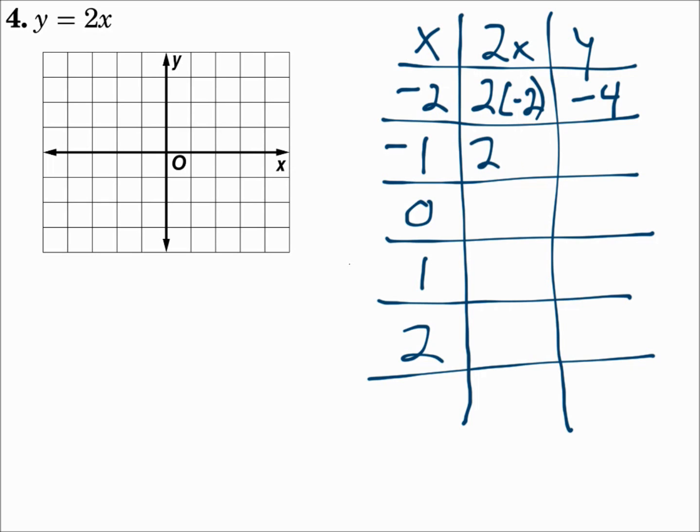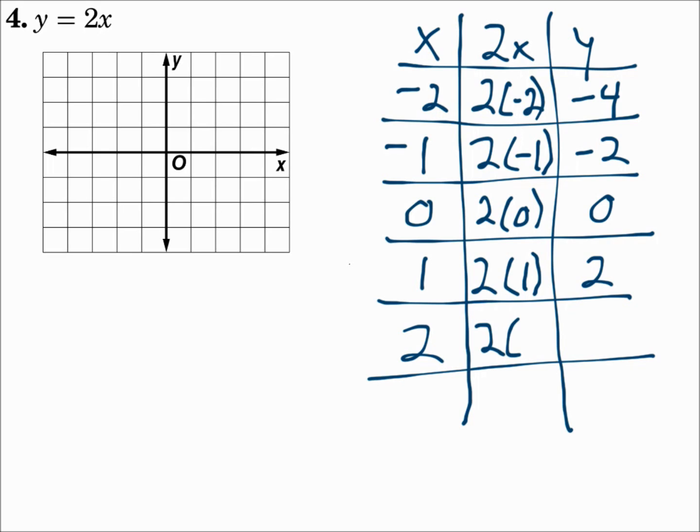The next row, 2 times -1 is -2. The third row, 2 times 0 is 0. The fourth row, 2 times 1 is 2. And the bottom row, 2 times 2 is 4. So each time we're substituting in the x values and solving for the y value.